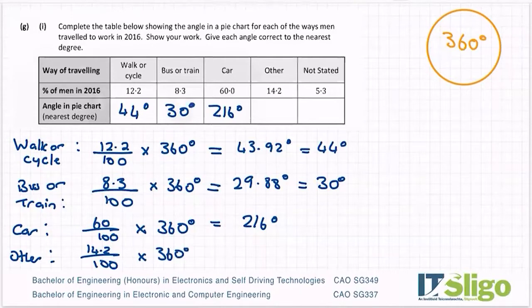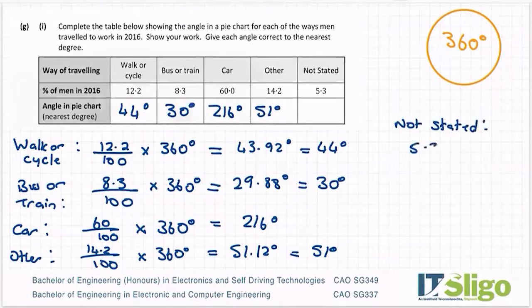So let me go back. 14.2. So I am getting for this one 51.12 degrees, or to the nearest degree, 51 degrees. Okay, and then not stated is 5.3 out of the 100 multiplied by 360 degrees. Let me go back and change that to 5.3 in my calculator.